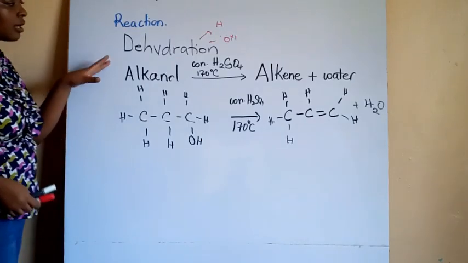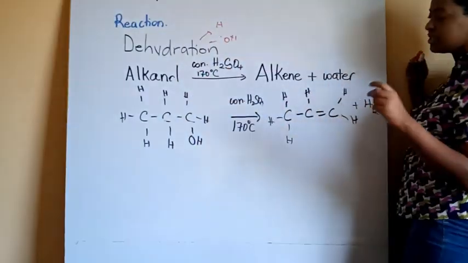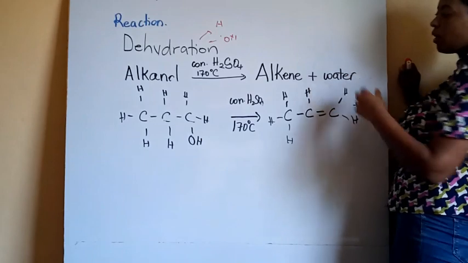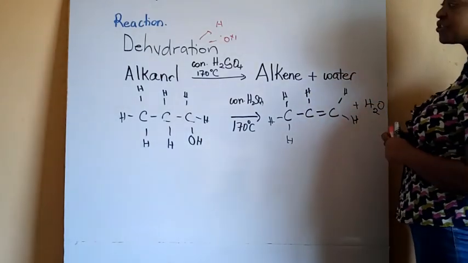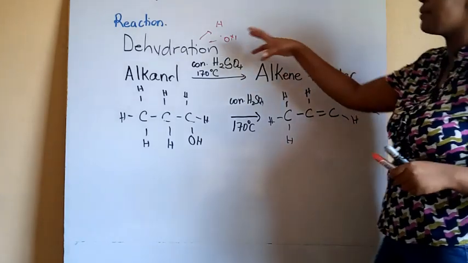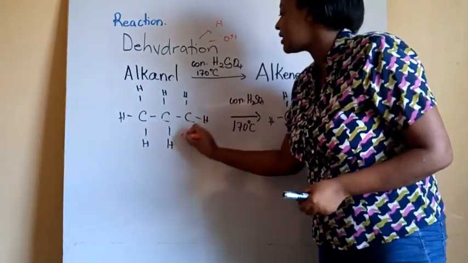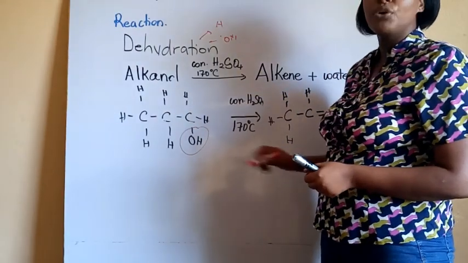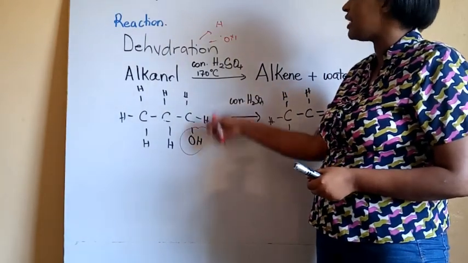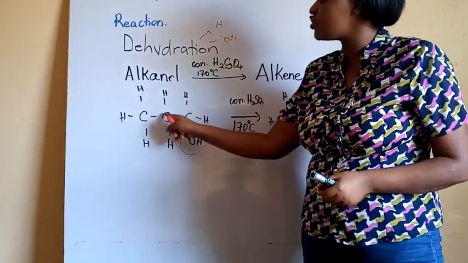Review again, alkanol in the presence of concentrated sulfuric acid and 170 degrees Celsius is going to form alkene and water. Remember, in a dehydration reaction, we're removing H and OH. We don't take them off the same carbon, so we find the carbon with the hydroxy group and we're going to take it off from there. When we remove this hydroxy group, we need to take the H from the adjacent carbon, the carbon right beside it.